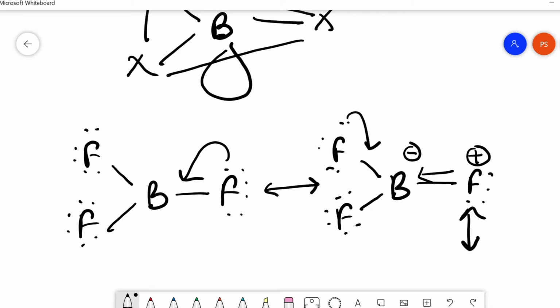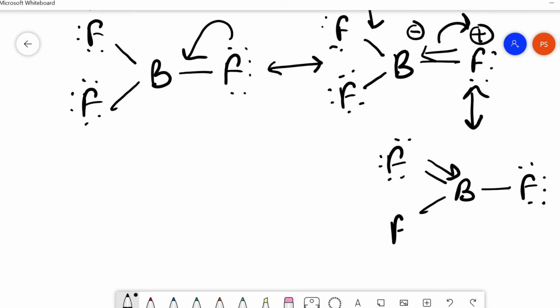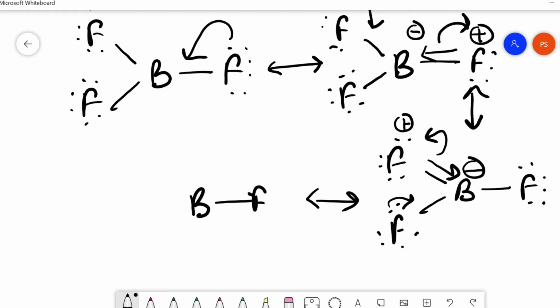As there are 3 fluorine atoms, the back donation occurs from all the 3 fluorine atoms, resulting in a reduction in the electrophilicity of the boron, a reduction in the electron deficiency of the boron atom, which results in the reduced Lewis acidity of the BF3 molecule.